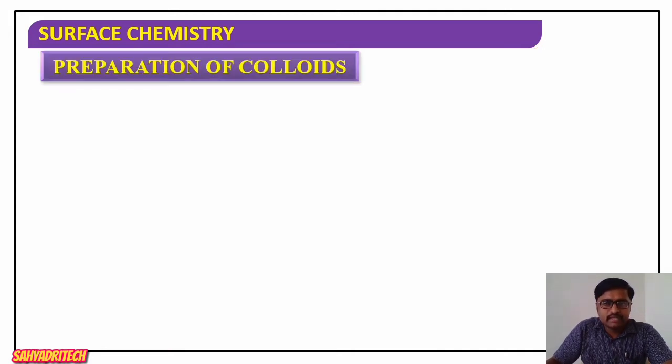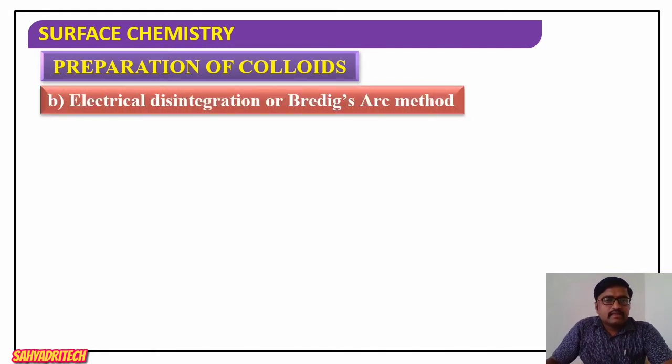Well, the physical methods include the electrical disintegration method, which is also called the Bredig's arc method, or we can say the electric arc method. Here, in Bredig's arc method, remember, we are going to prepare metallic sols. Usually, metal sols can be prepared by Bredig's arc method.